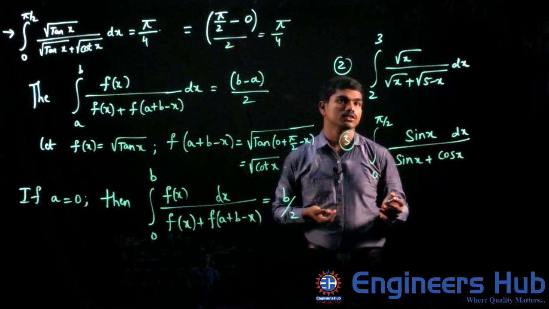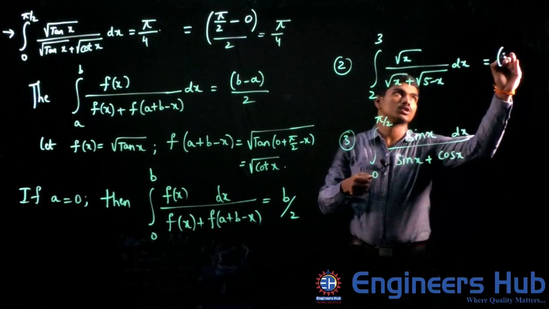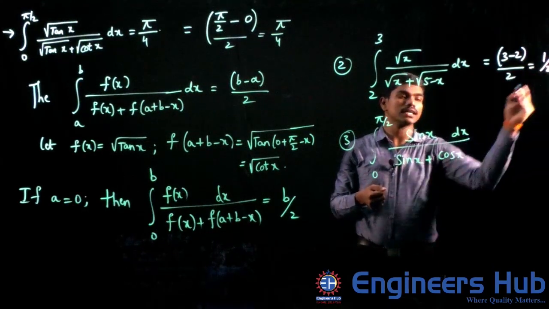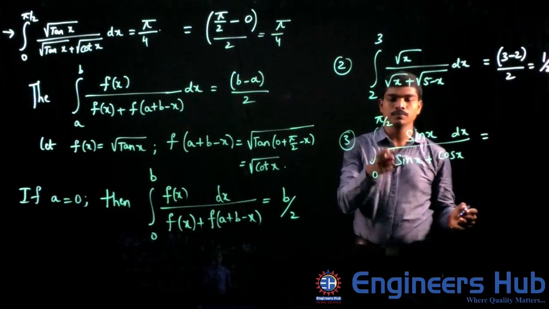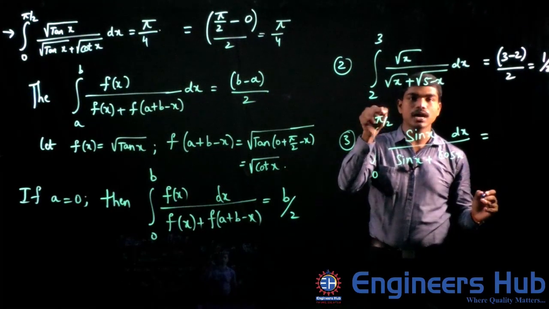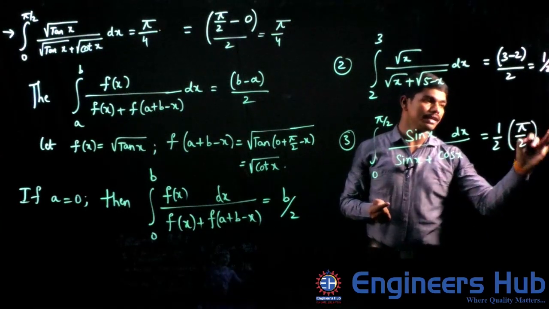Questions of this kind. So what's the answer for this? b minus a by 2. So 3 minus 2 divided by 2, which is 1 by 2 is the answer for this. Similarly for this, what is the answer? Since the lower limit is 0, it is half of the upper limit. So half of this upper limit is pi by 4.